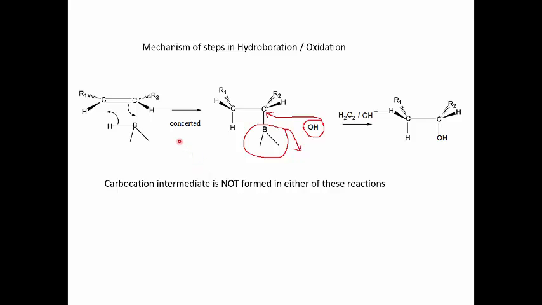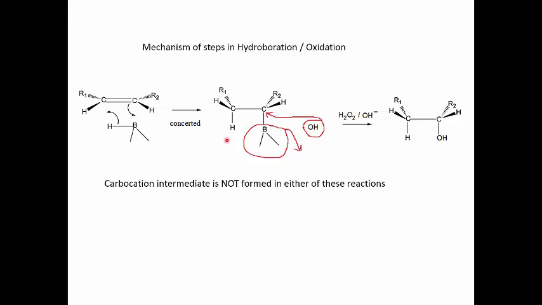The boron and hydrogen simultaneously attach to the CC double bond. The reaction, we say, is concerted. Because they basically attach to the alkene carbons at the same time, necessarily the B and the H are adding in a syn fashion from the same side of the double bond.